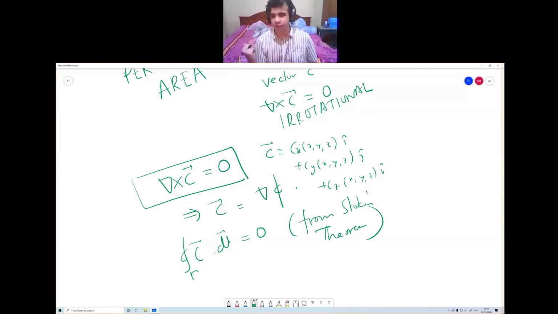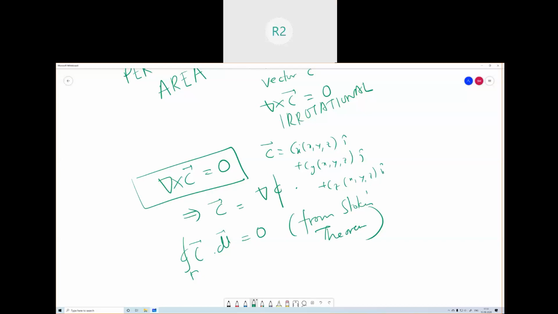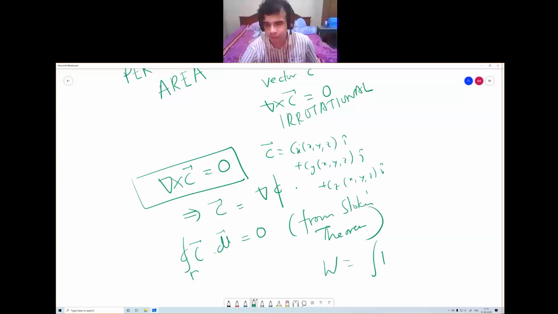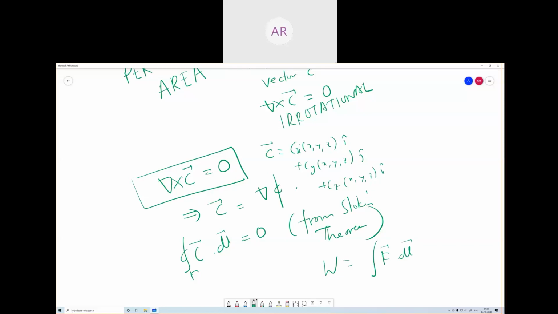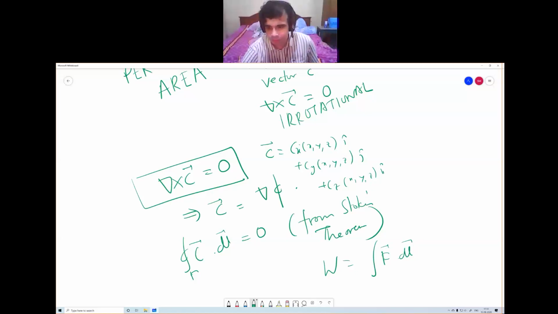Work done was force into displacement, so W was F dot dl. But that circle was not there. Now, what does this mean? That work done by this vector along the closed loop is 0.